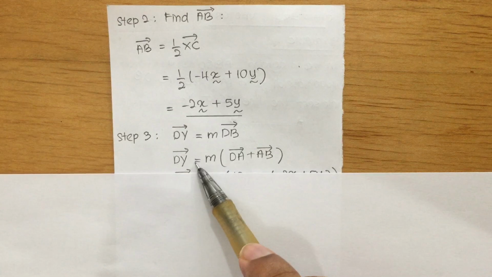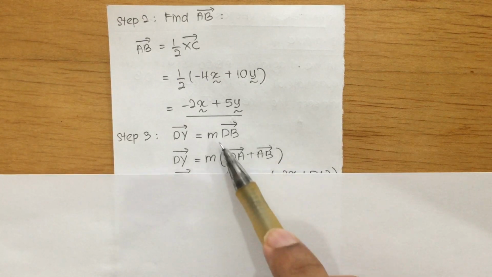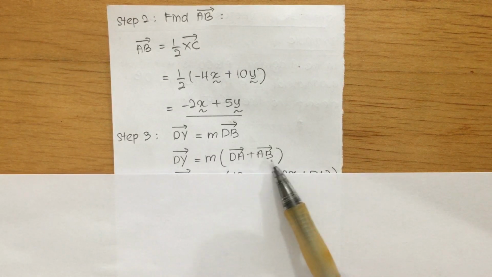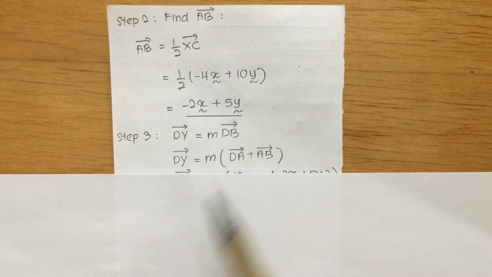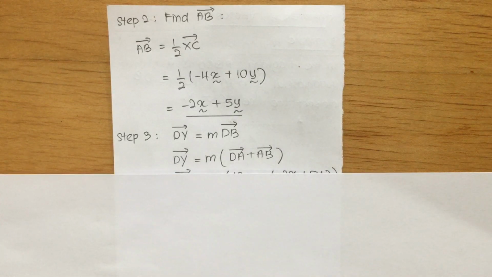So vector DY is equal to m of, in a bracket, vector DA plus AB. We didn't find vector DB, but we have already found the vector AB and vector AD. So these two vectors we can use to find the vector DB over here.